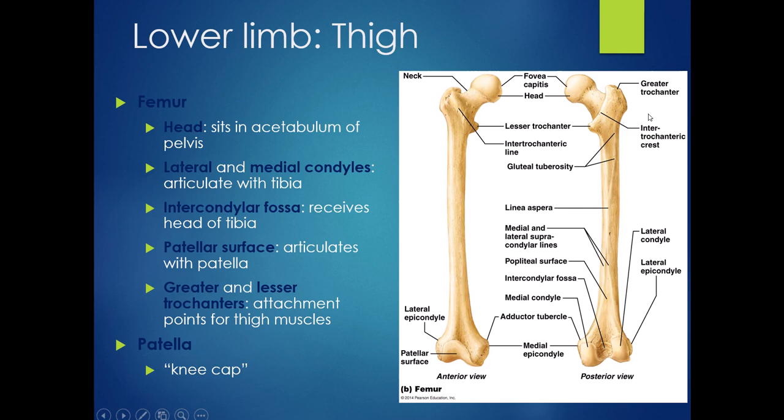If we look at our thigh bone, you'll see here is the head of the femur. That's what goes into that acetabular socket to make your hip joint. You'll also see these 2 very large trochanters, these very large blunt processes. These are attachment points for your very large thigh muscles.